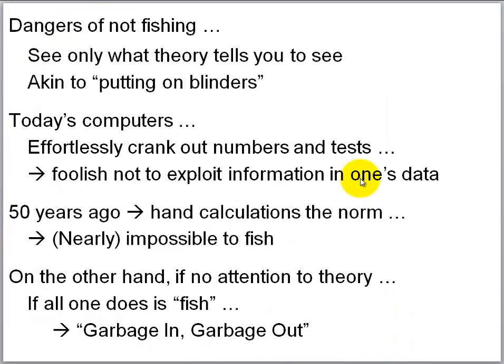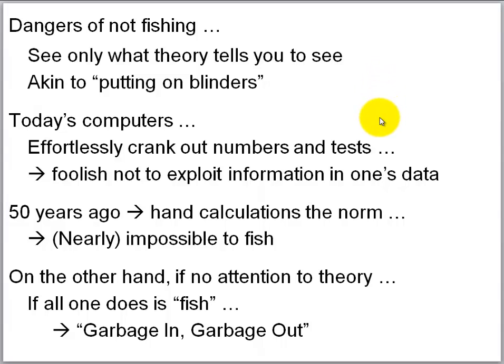So perhaps you think I'm going to advise you, do not fish. Well, fishing is indeed problematic, because if you fish long enough, almost assuredly you'll find some statistically significant results. But there are also dangers of not fishing. That is, of seeing only what theory wants you to see. This is really akin to putting on blinders.